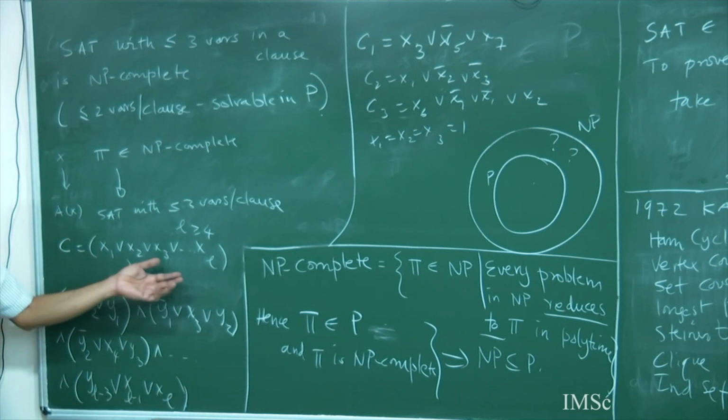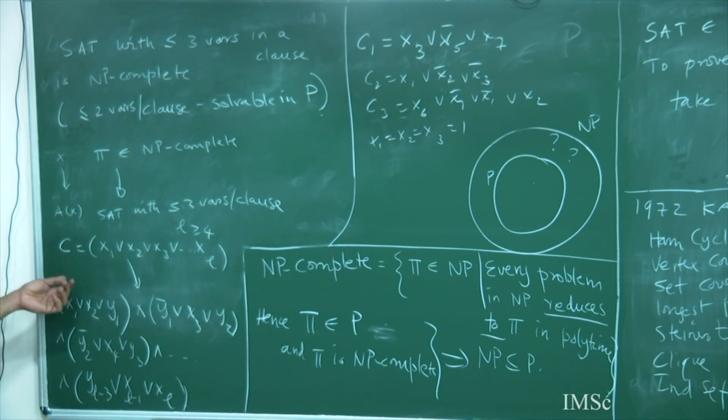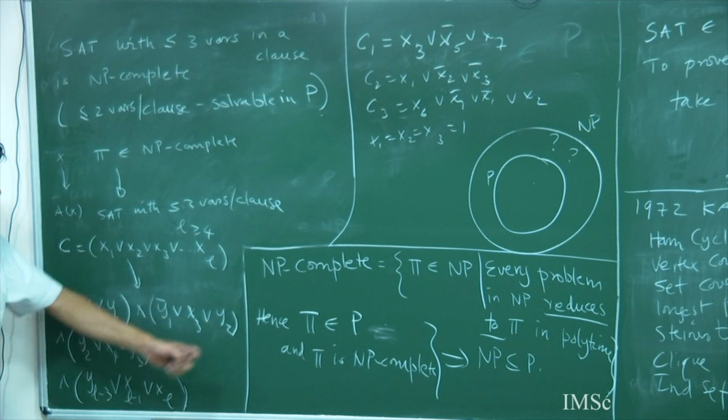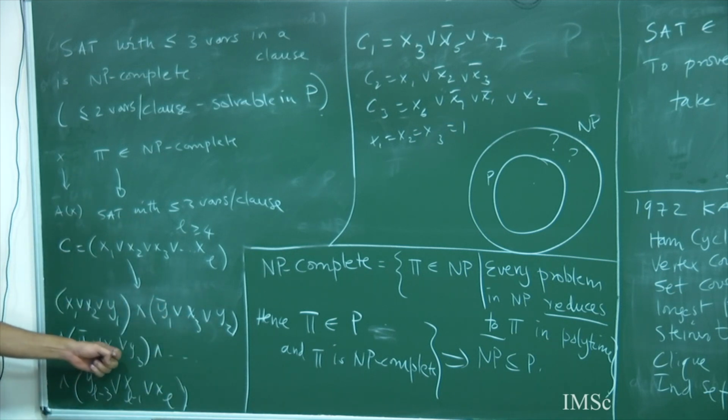So, I break a long clause into clauses of length 3, because this instance can have length at most 3, and this is how I break it: y1, y2, y3 are fresh variables for this clause. So, (x1 or x2 or y1) and (y1 bar or x3 or y2), (y2 bar or x4 or y3) and so on, and the last one (y_{l-3} bar or x_{l-1} or x_l).